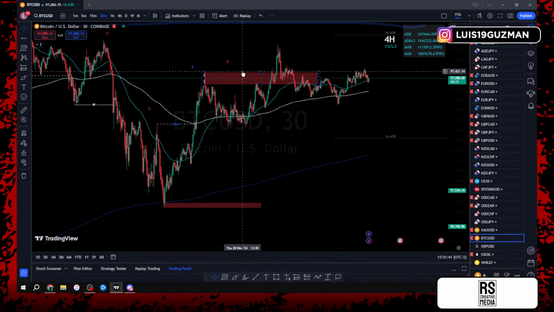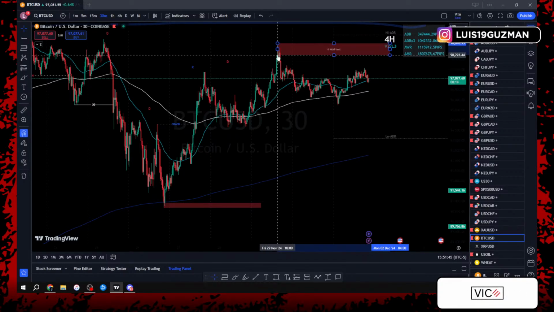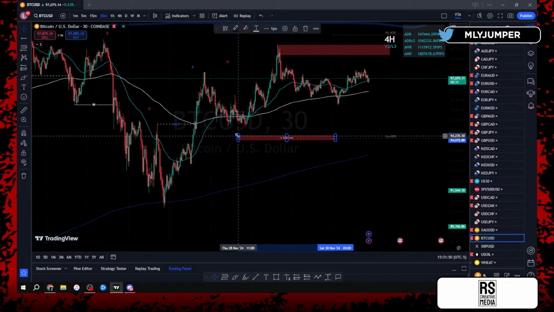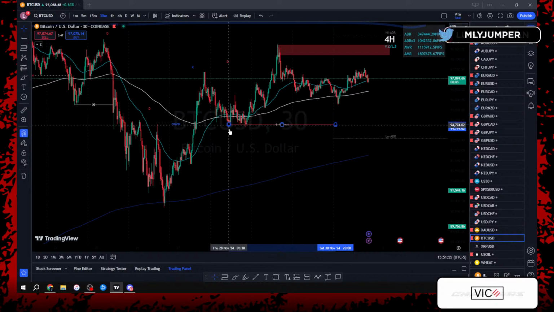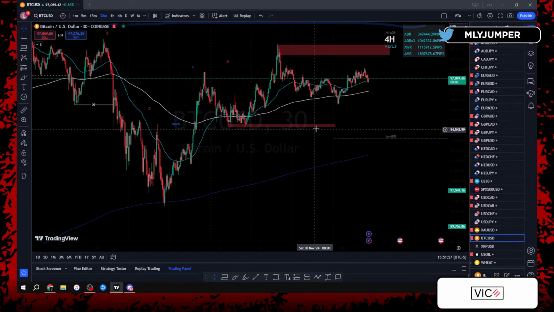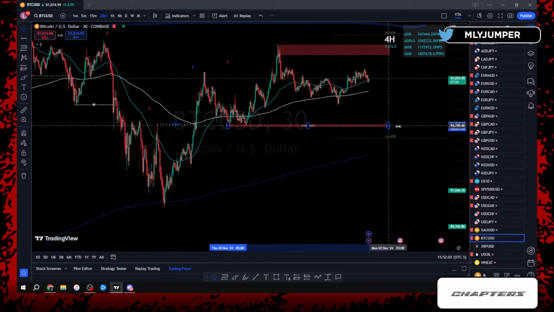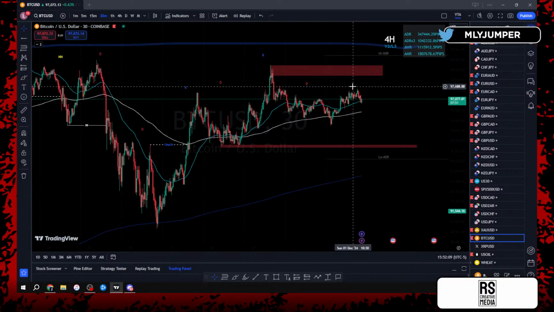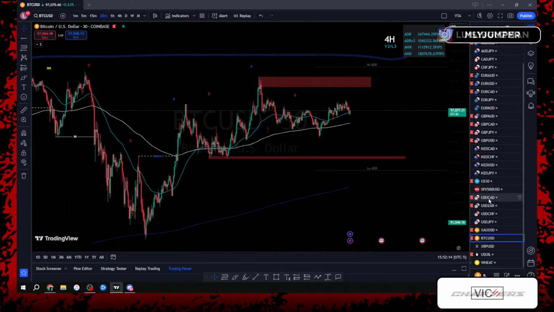And price has just kind of been consolidating in this area of the retest. We had a day of rise, day of drop, and then today. So it's looking good. This definitely could continue that push to the top side.